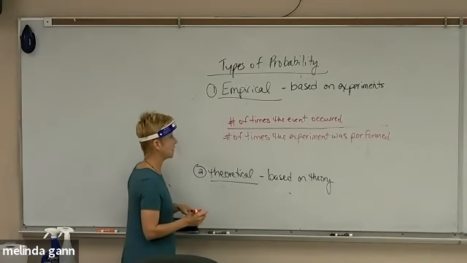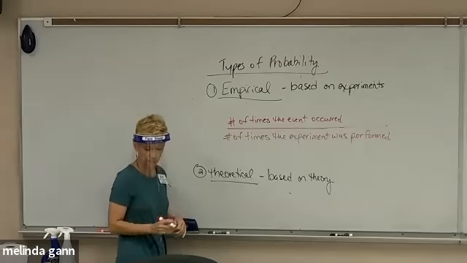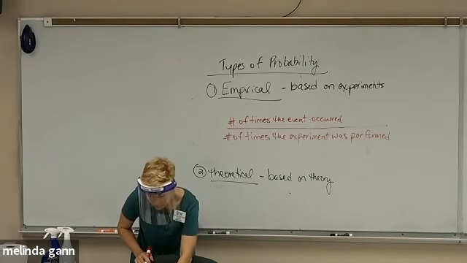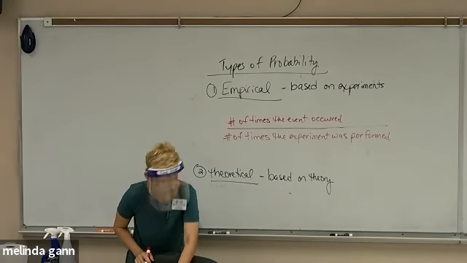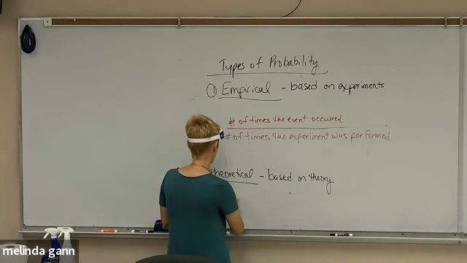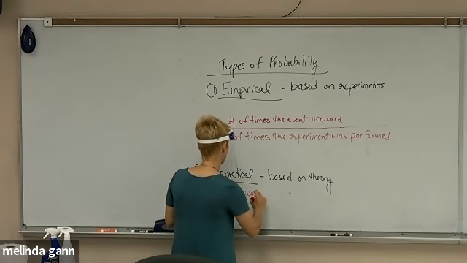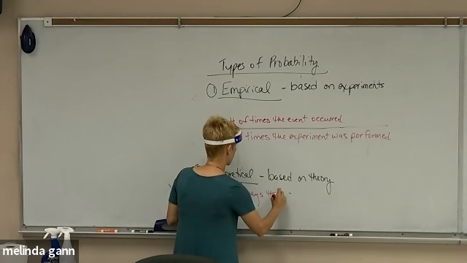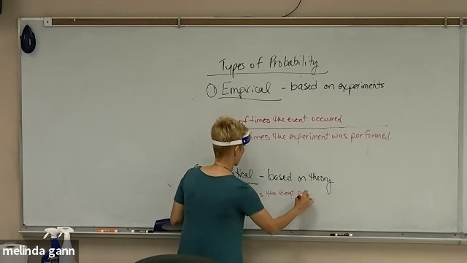On theoretical, here's what your fraction is going to be. The top is the number of ways the event can occur.